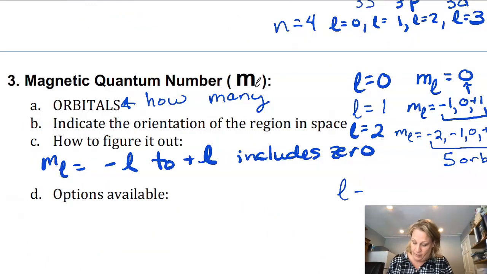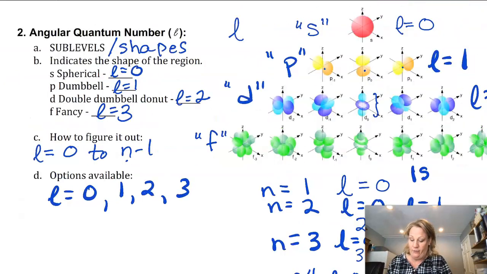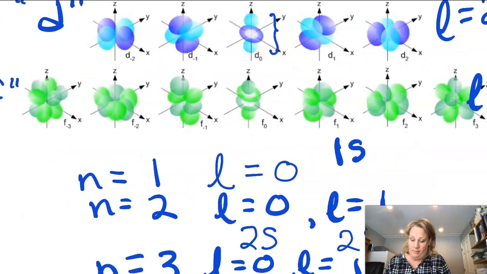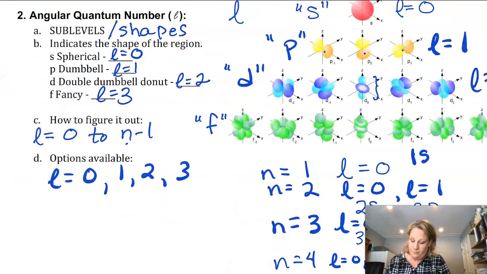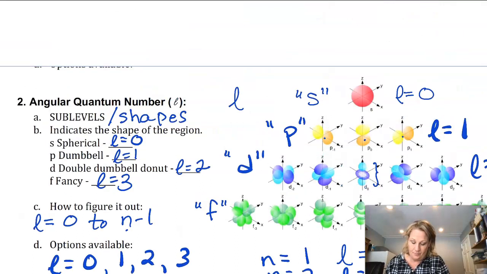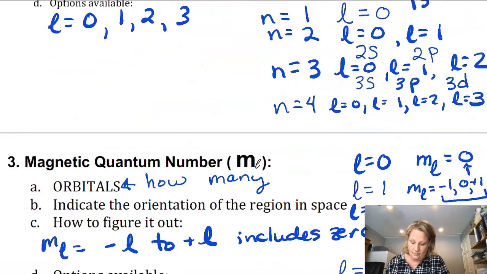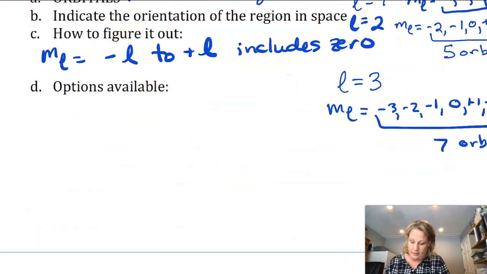If L equals 3 for the F, the m sub L will equal -3, -2, -1, 0, +1, +2, +3. This is 7. So there's 7 orbitals. There's 7 F shapes when we look at the image there. So that is the third quantum number.